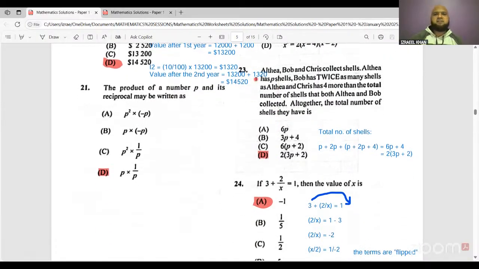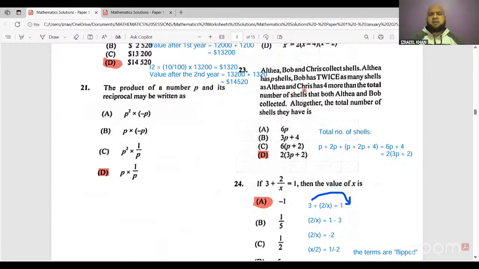23. Althea, Bob and Chris collect shells. Althea has P shells. Bob has twice as many shells, so that's done already, 2P. And Chris has 4 more than the total number of shells that both Althea and Bob collected. Altogether, the total number of shells they have is... So for the total number of shells, P for Althea, Bob is 2P, it's twice.